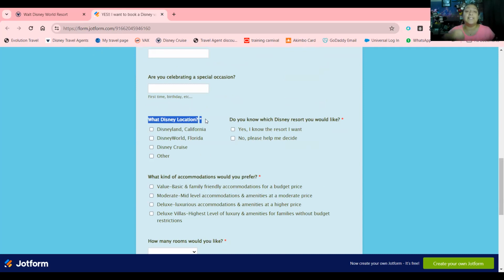If they're doing this as a quote and filling out the information, I want to make sure that they know the difference: Disneyland, California, Disney World, Florida, and Disney Cruises, just in case they pick other, because sometimes they think other would be like Harry Potter for some reason. A lot of people think Harry Potter and Disney are together, which they're not. But we want to make that clear right off the bat as well. So this can help. So I would recommend having something like this in your form, guys, so that you don't have to remind them, hey, this is here, this is there.